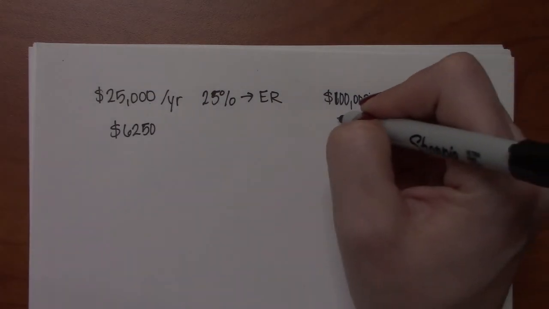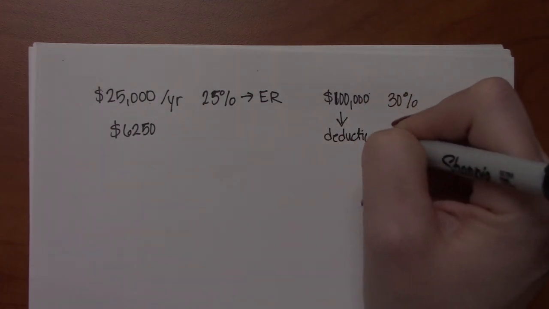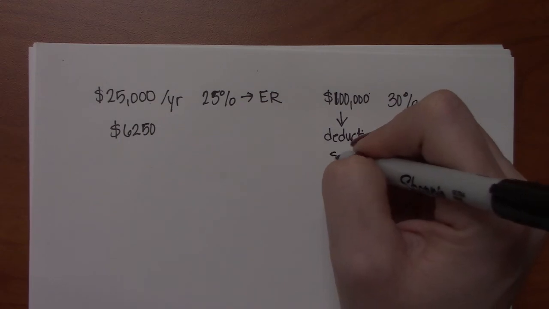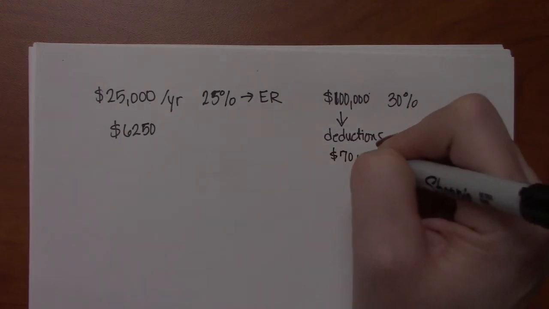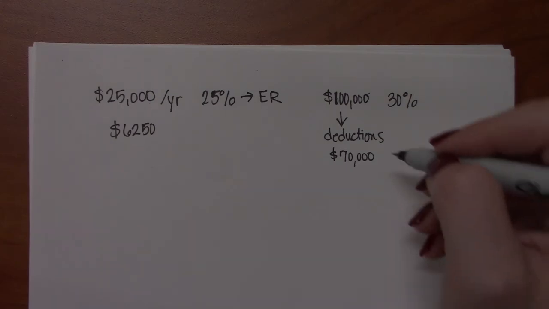And after you make all your deductions, you're now down to about $70,000 in taxable income. So then you're taxed at your 30% rate.